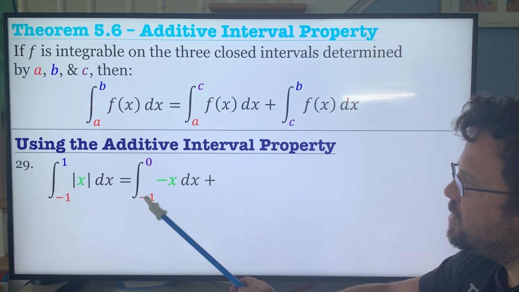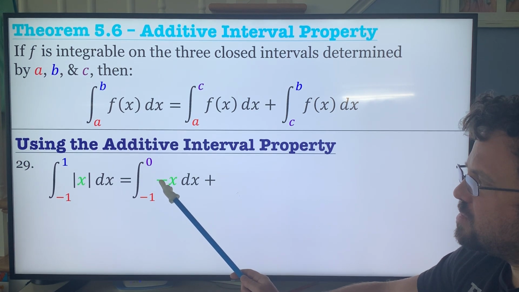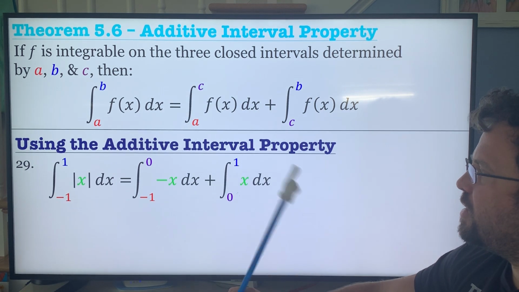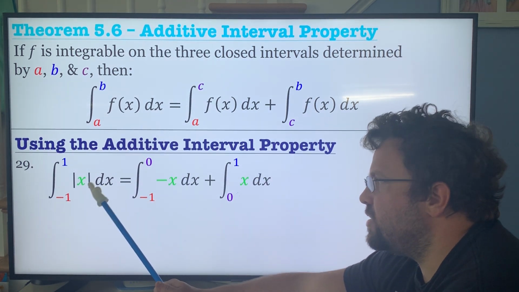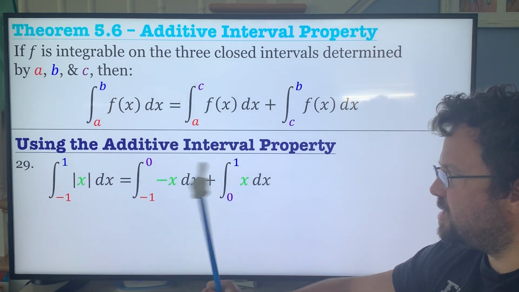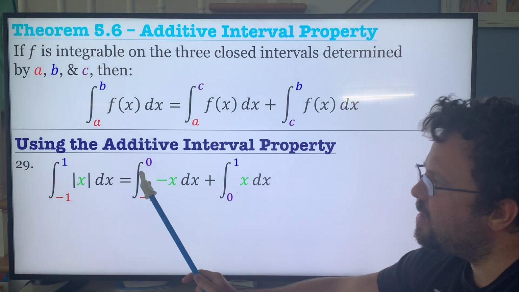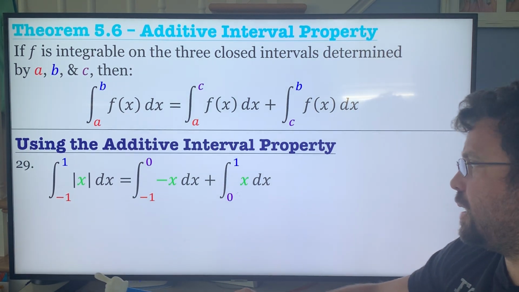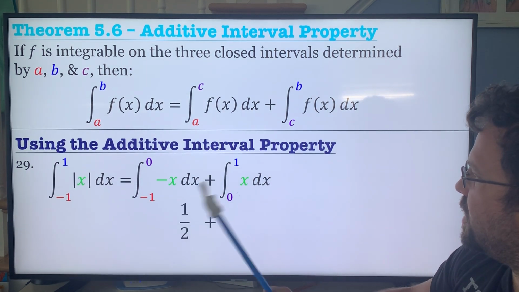In case you don't, you would have to do from -1 to 0 of negative x, and then from 0 to 1 of positive x, because absolute value always makes your answer positive. The reason we make this a negative x here is this answer will be negative, but a negative times a negative is a positive.